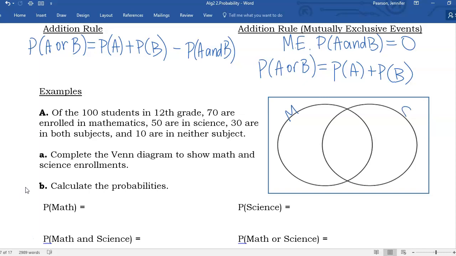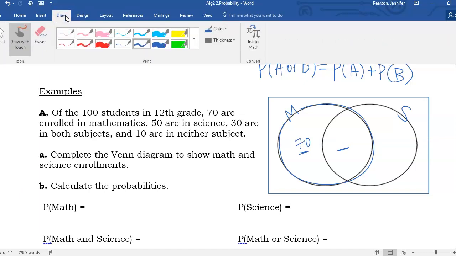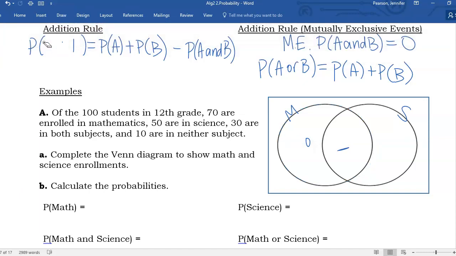I'm going to put an S over here for the science circle. When my problem tells me that there's 70 students in math, that means this whole circle is going to have 70, okay? But I'm not going to throw a 70 here because whatever I got in each region is going to have to add up to 70, okay?